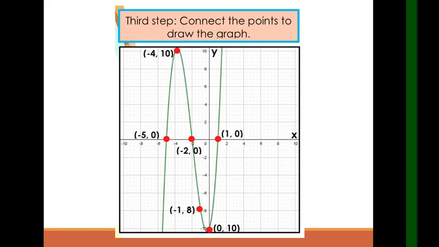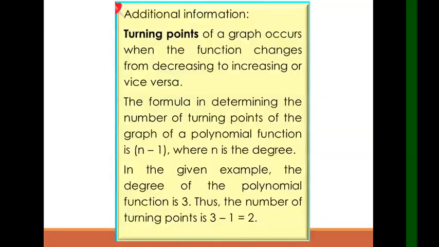Ayan, ganyan yung kanyang graph. So, connect the points to draw the graph. Pwede nyo balikan yung video to see yung 4 na form para malaman nyo ang behavior ng graph natin.